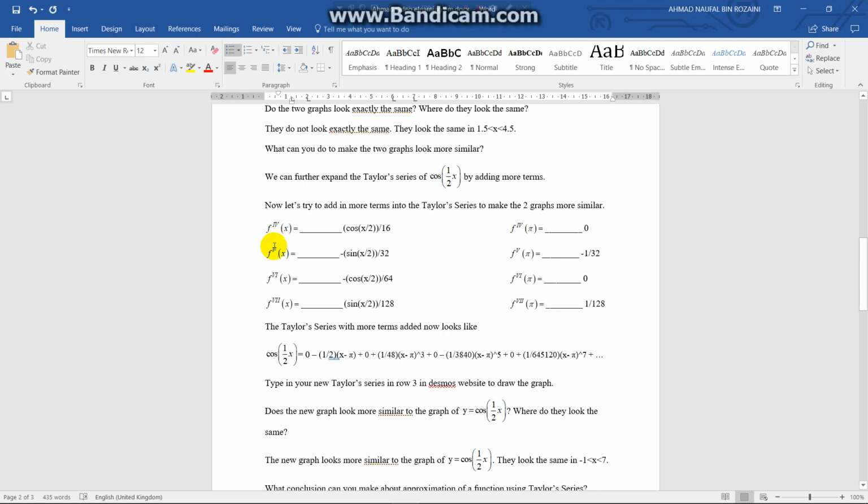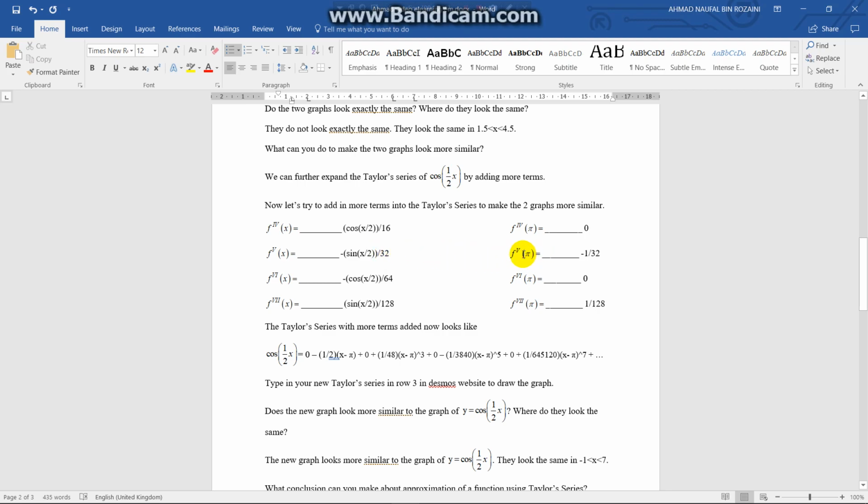We do the same for the further order derivatives by differentiating from the previous order derivative, which in this case for the fifth order, we differentiate from cosine half x over 16, which gives us negative sine half x over 32.